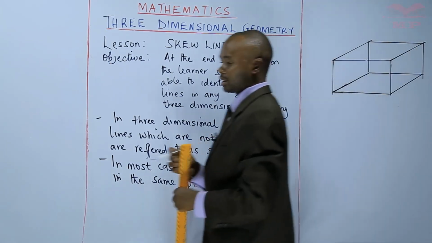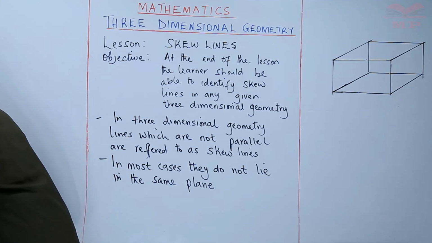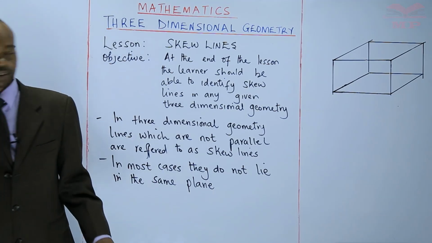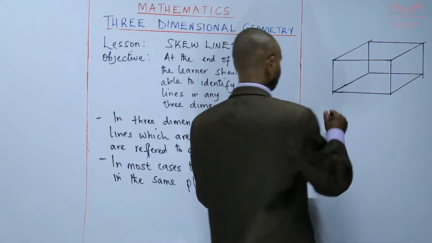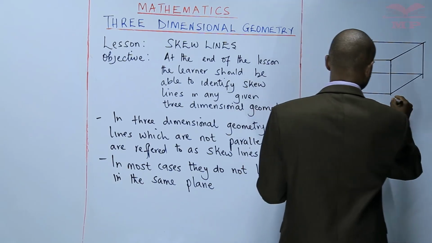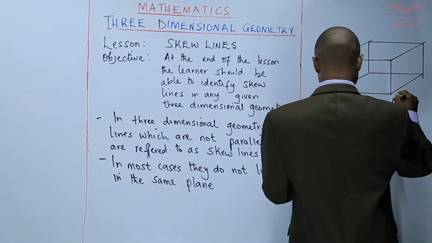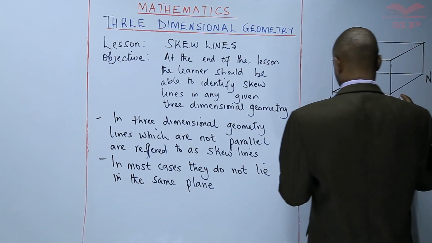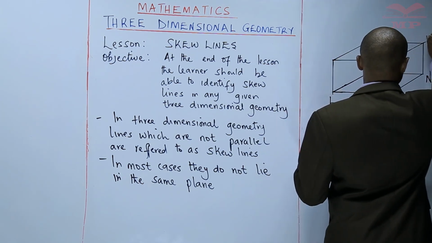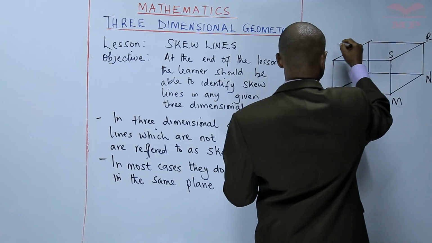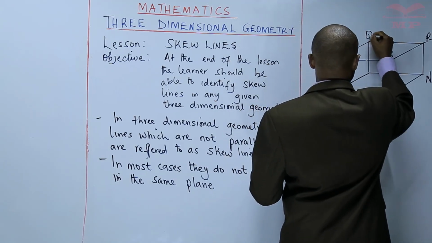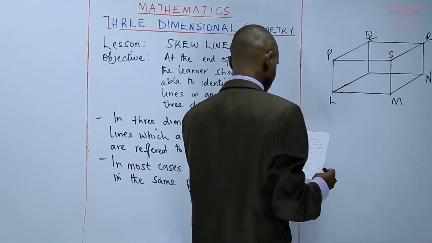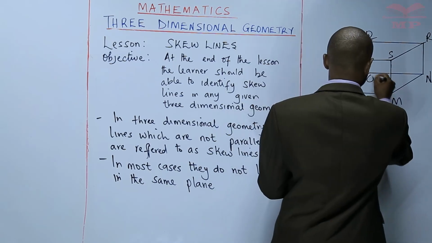You can better understand this if we have a cuboid named PQRS LMNO.